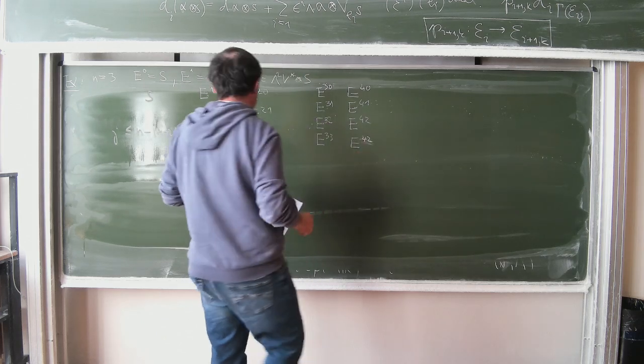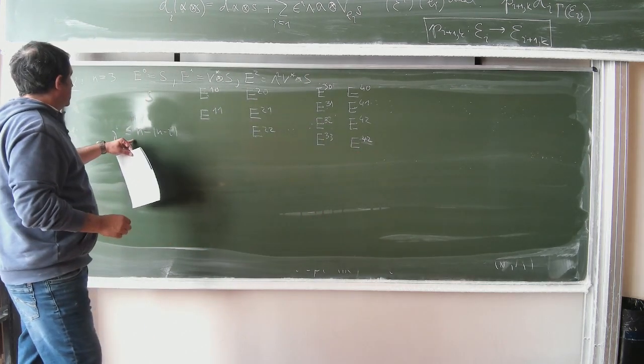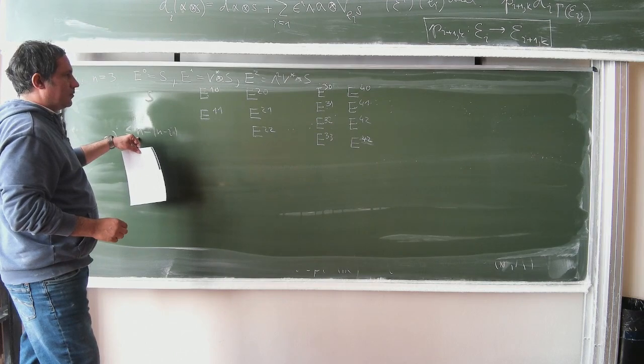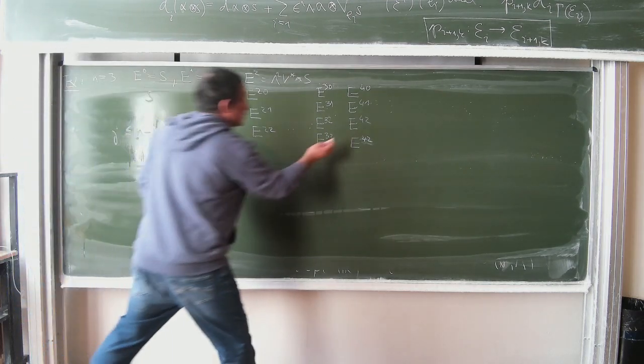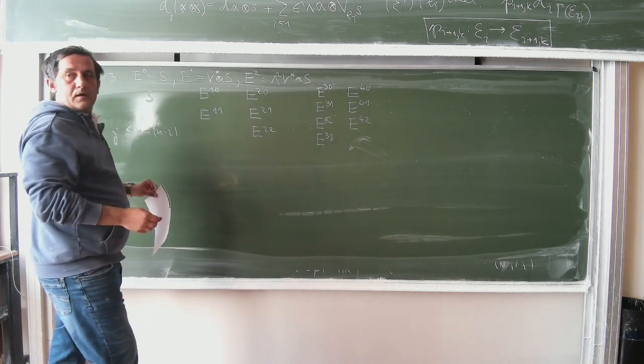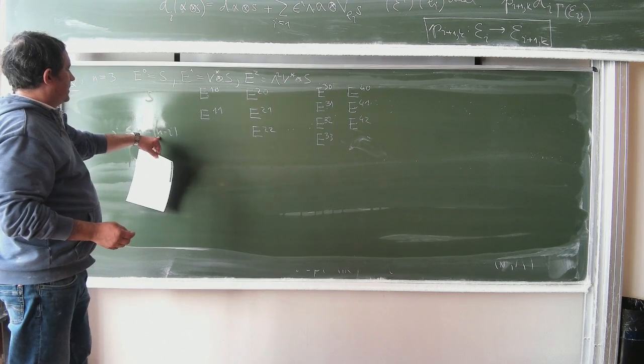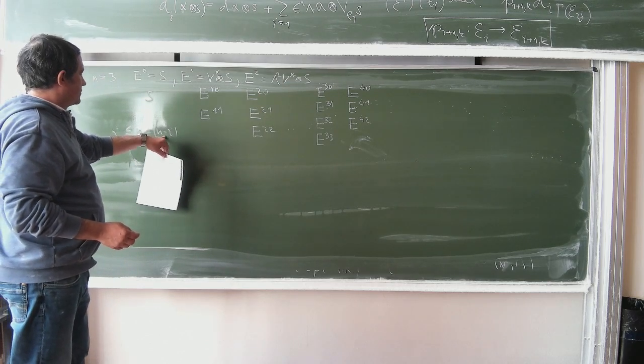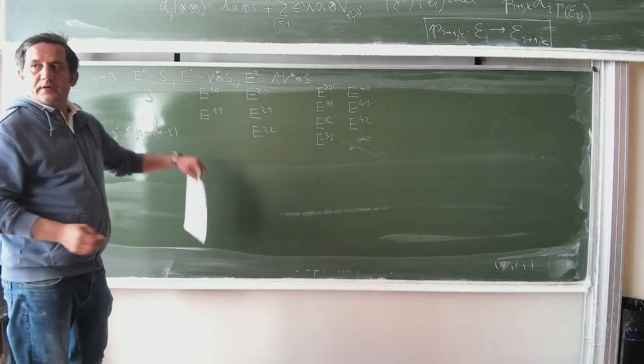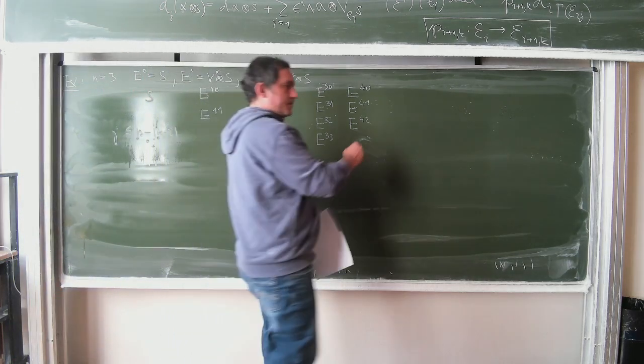And now we can go only up to 3 minus... 3 minus 1 is 2. Yes, okay, 2.